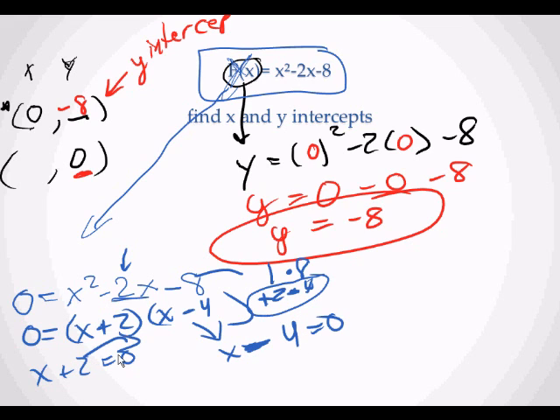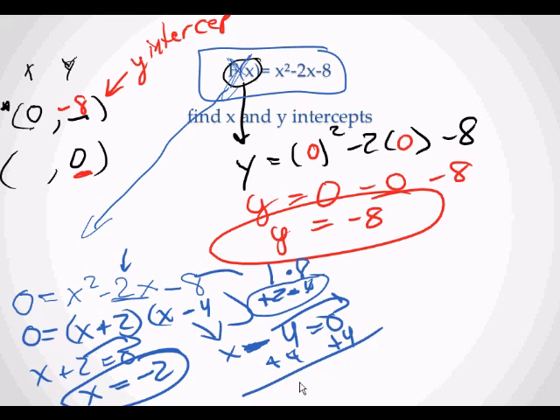So then we solve for x. X plus 2 equals 0, and x minus 4 equals 0. Get the 2 to the other side by subtracting 2. X equals negative 2 is one answer. Get the 4 to the other side by adding 4. X equals 4 is the other answer.